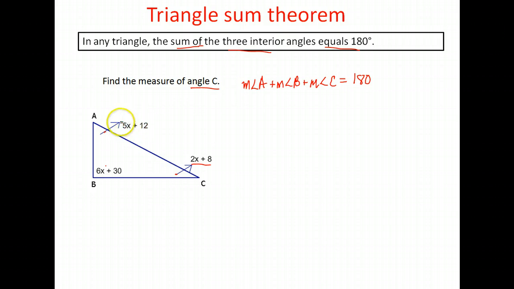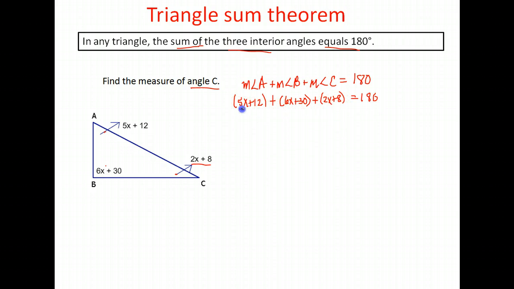So replace it with the values. A was 5x plus 12, plus angle B is 6x plus 30, plus angle C is 2x plus 8. And again, together those should be 180.